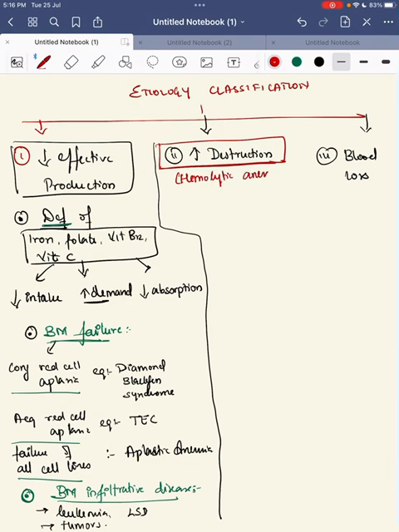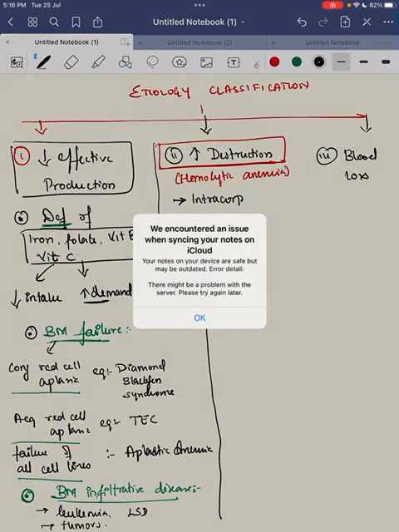Okay, hemolytic anemia can be classified as either intracorpuscular cause or extracorpuscular cause. Intracorpuscular is within the RBC, extracorpuscular is outside the RBC, leading on to the destruction.